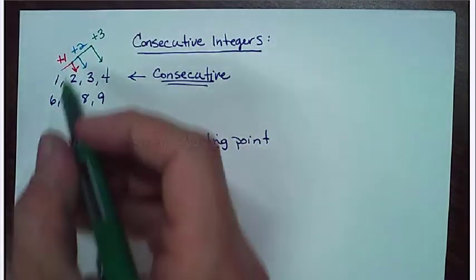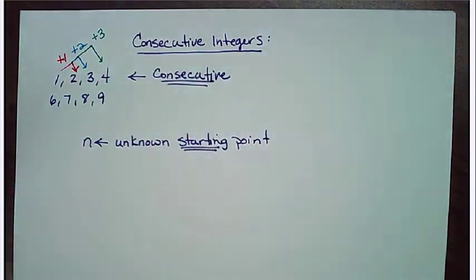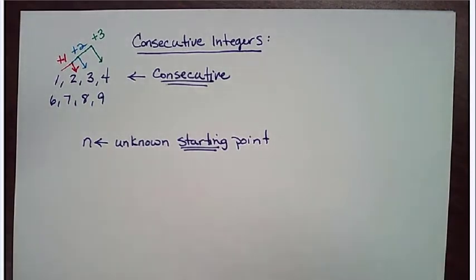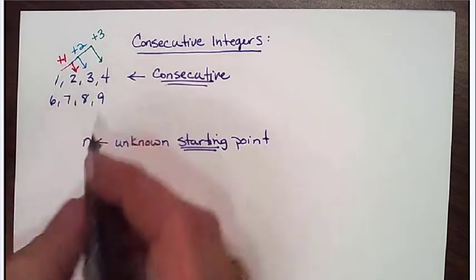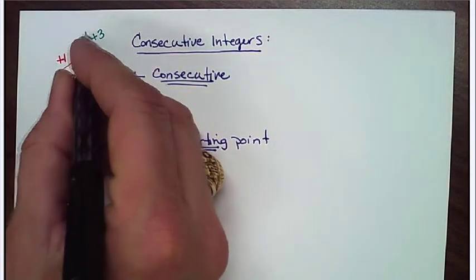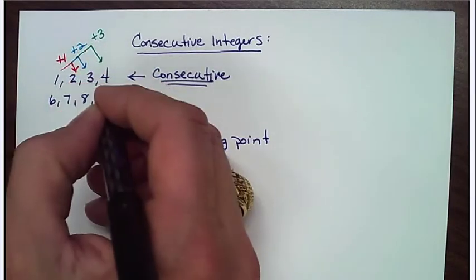So this is what's going to build our formula for consecutive integers. Anytime I need to know a sum of consecutive integers, I'm going to use the starting point, and then each consecutive integer is going to get its own summation that's going to get me the next number in the line.